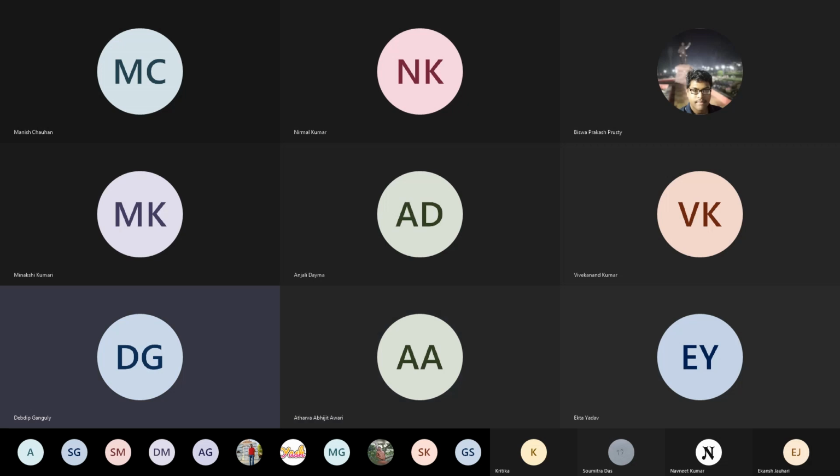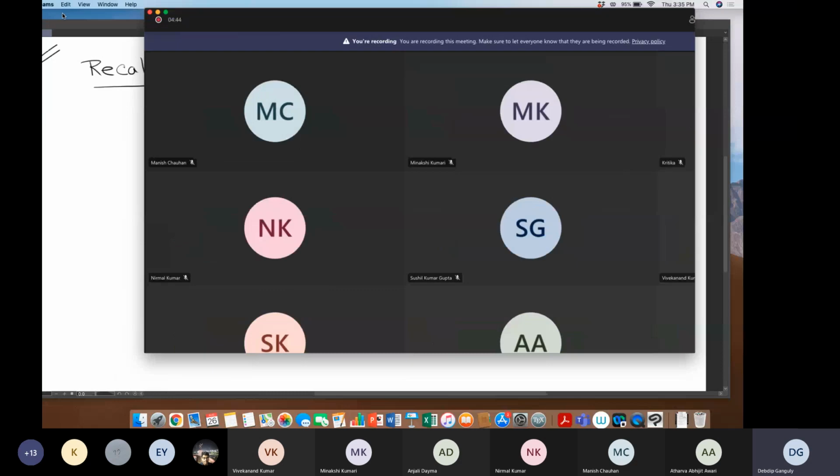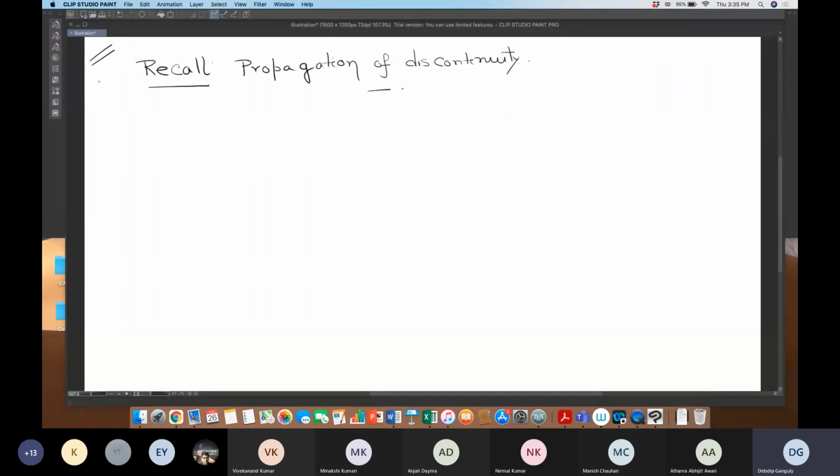So let us start with the previous last example, the propagation of discontinuity.